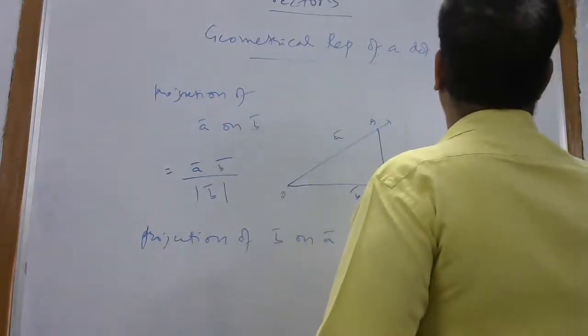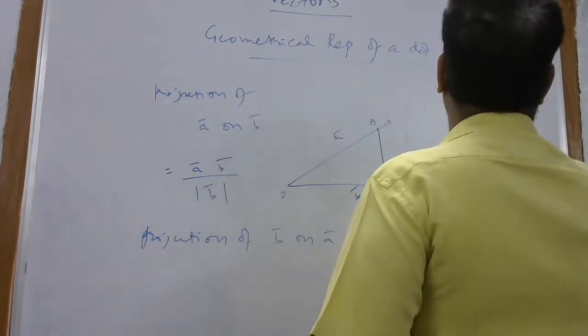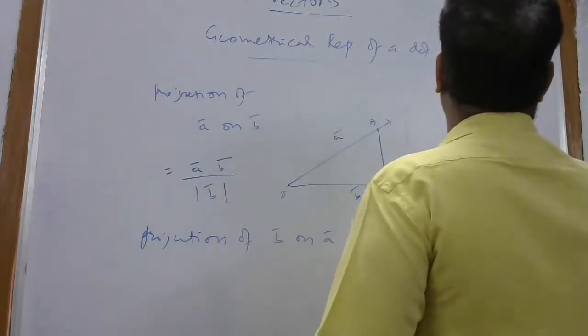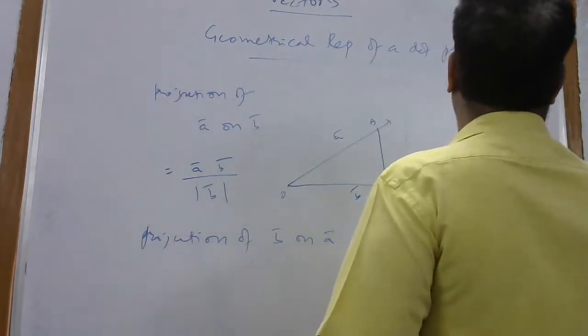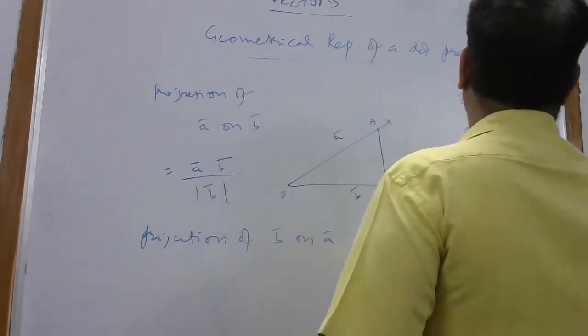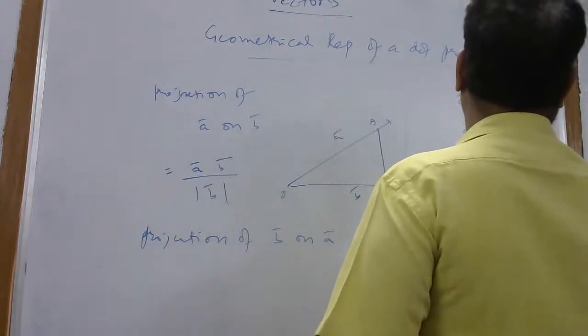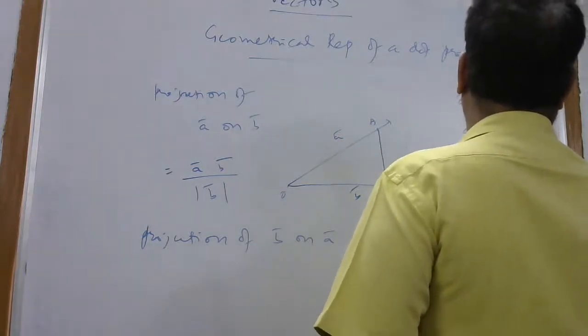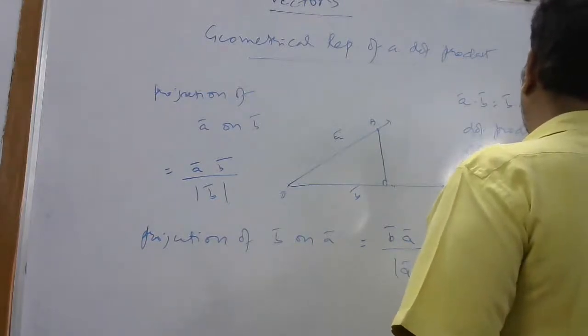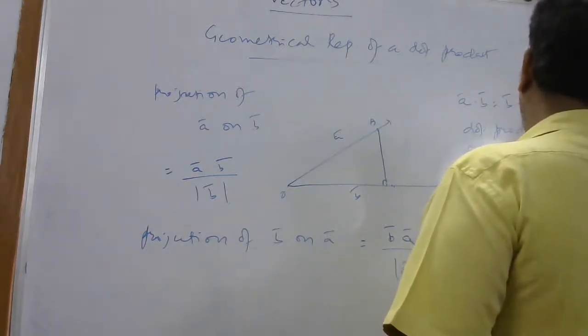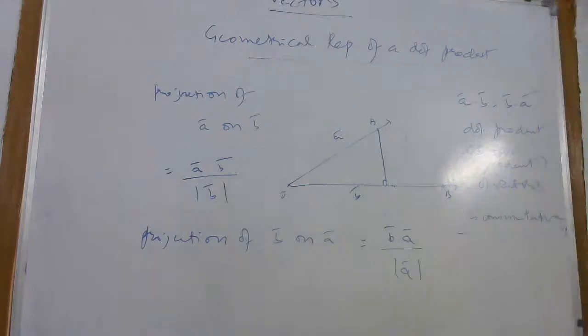Dot product or scalar product of vectors is commutative. I told you, a plus b is equal to b plus a, that is called commutative. For vectors, the cross product is not commutative; the sign will change.